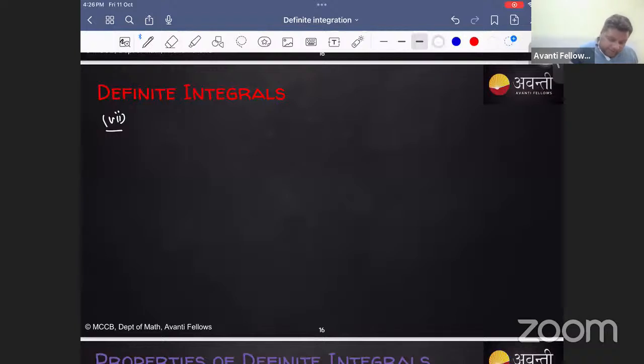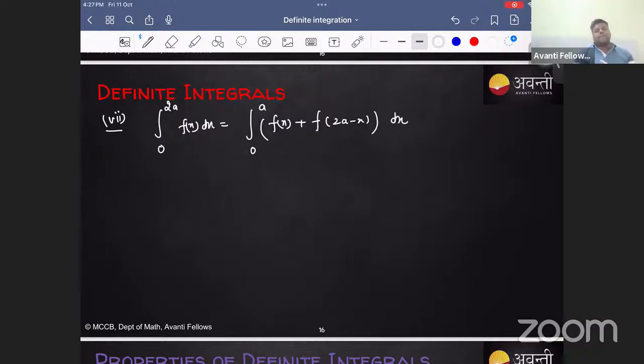So it is integration from 0 to 2a of f(x) dx equals integration from 0 to a of [f(x) plus f(2a minus x)] dx.